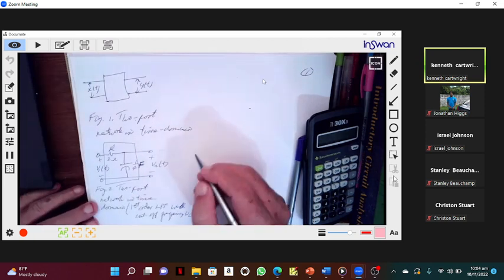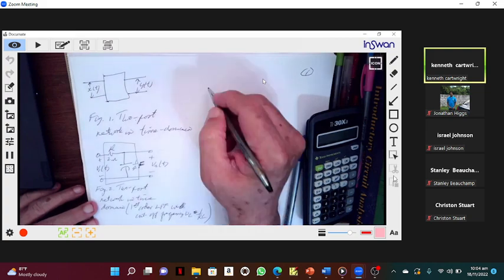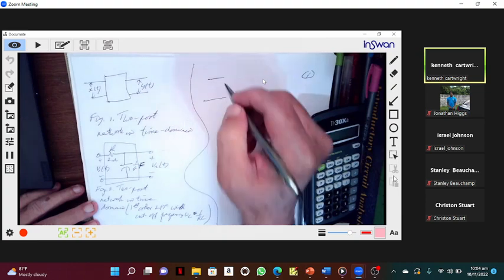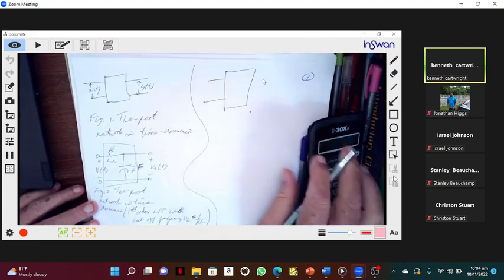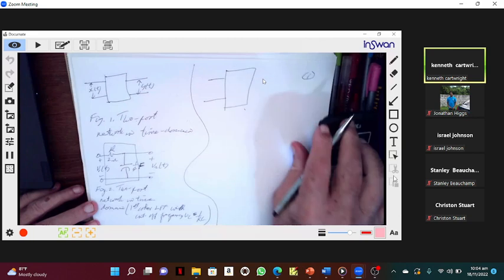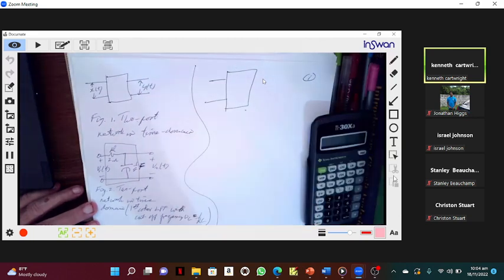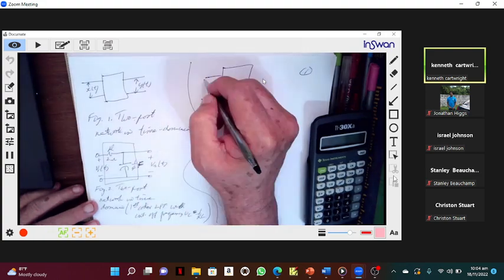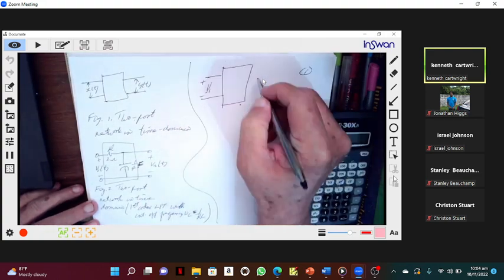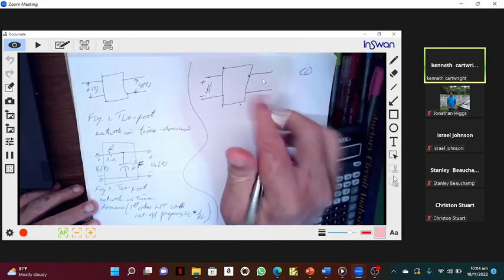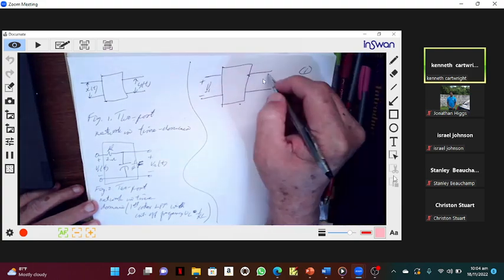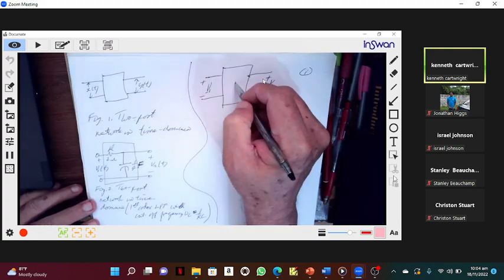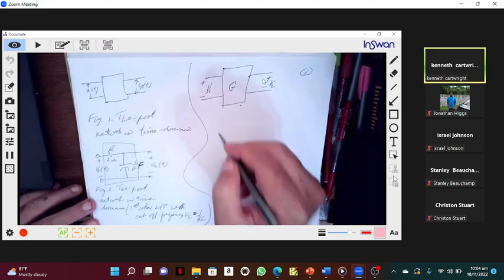We have a transfer function, but that's defined in the Laplace domain. Actually, this circuit here was defined in the phasor domain. If you cast your mind back to 235, this would be the transfer function, this G.